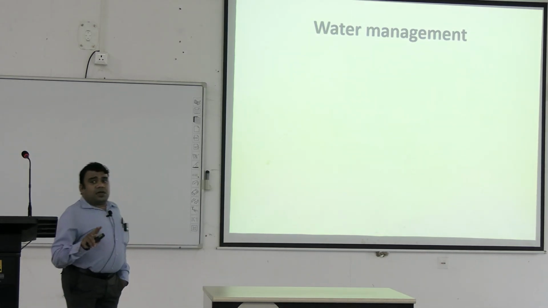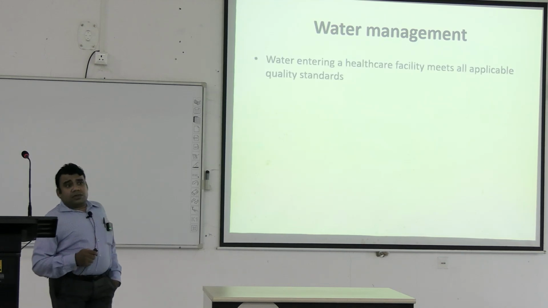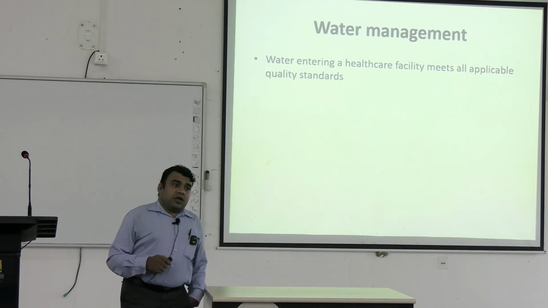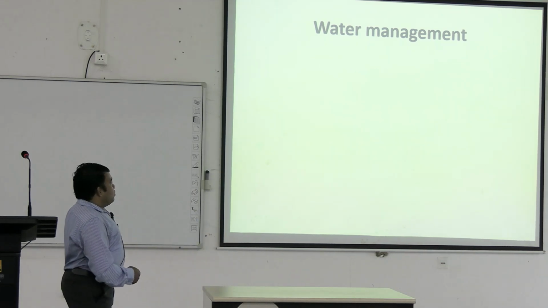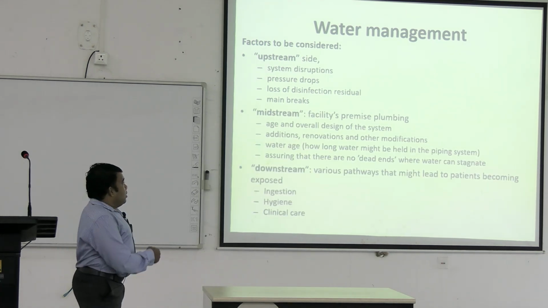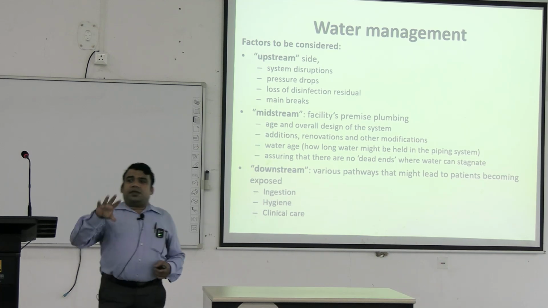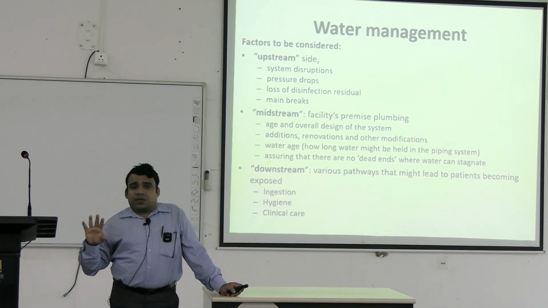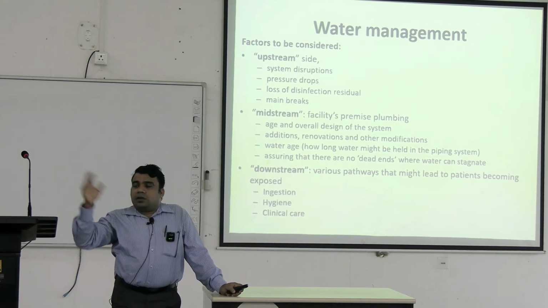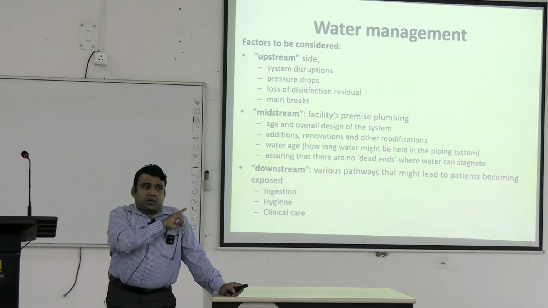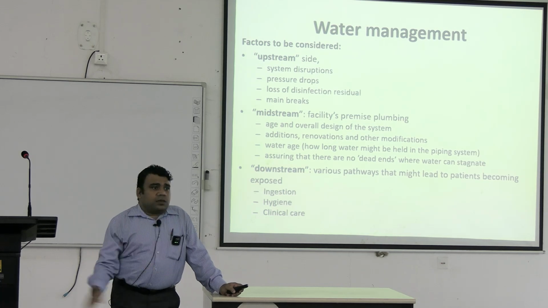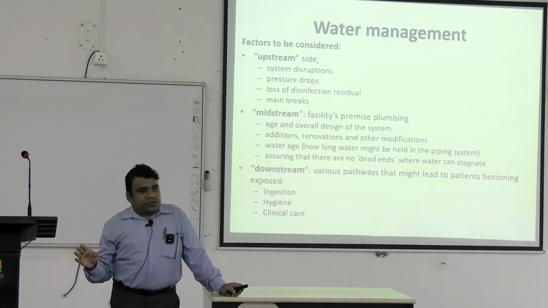Another aspect I'm just highlighting, the important part, is water management. Why? Because there are many organisms which are transmitted by water. Now, for understanding water management, what you must understand is three parts. First is upstream. Say any building which has got a water supply will have three parts. First, there will be a water storage facility, generally a water tank in the building. There will be a plumbing system from which the water is pumped to the water tank, and from that the water is used and then it is discarded in the form of sewage, right?